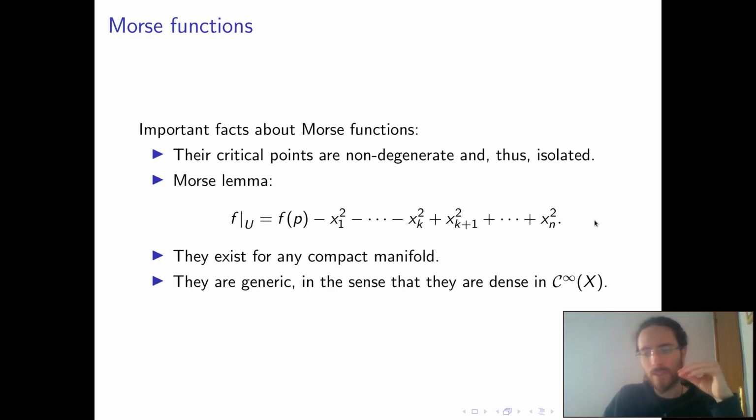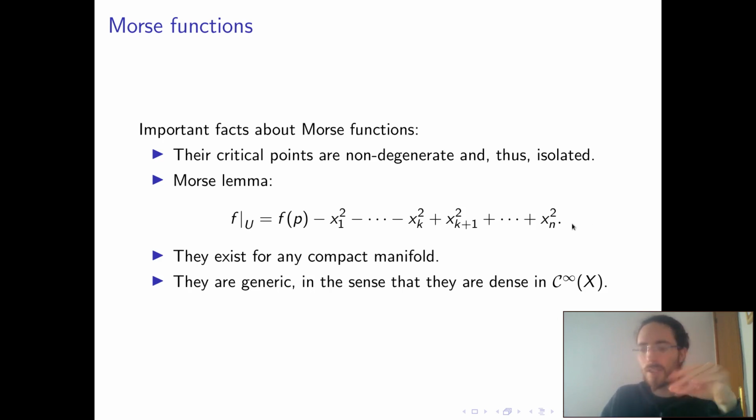You have the Morse lemma, which you have proved, I think, in class. And this is a very important construction that we have on Morse functions. So locally, around your critical point P, you have this local form of the function.